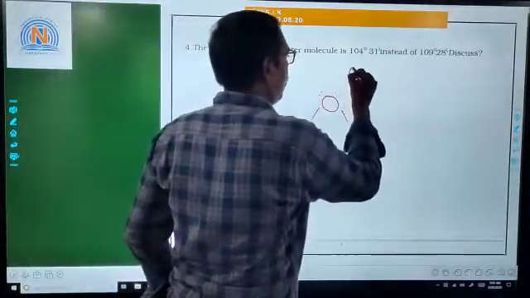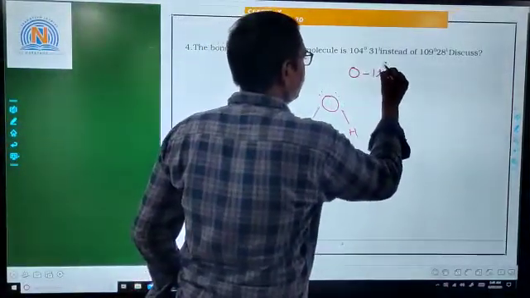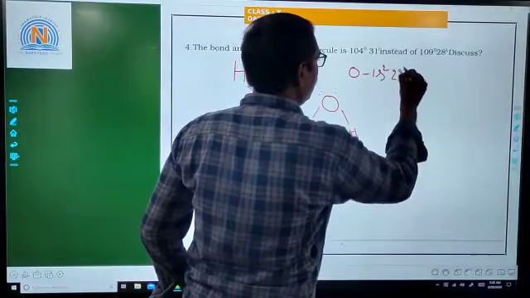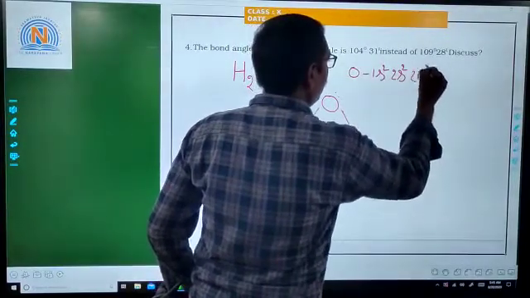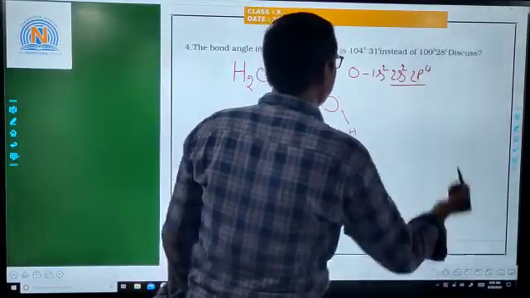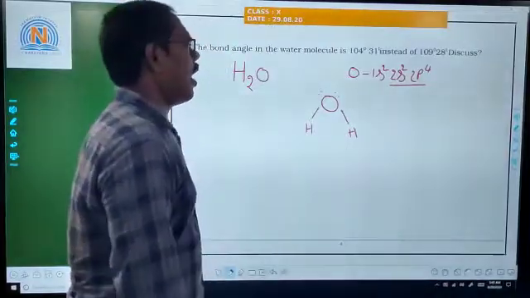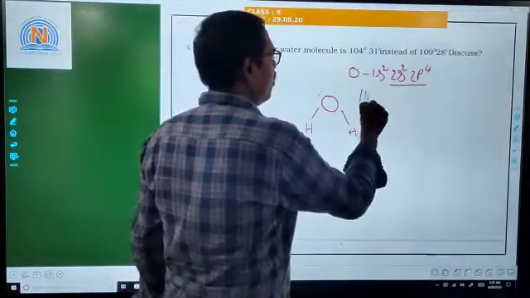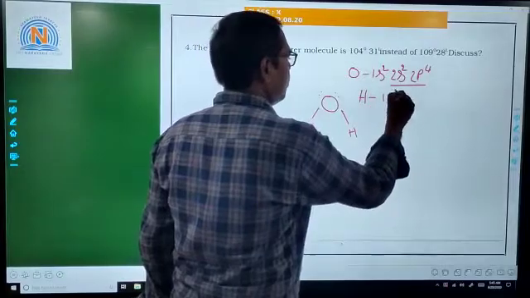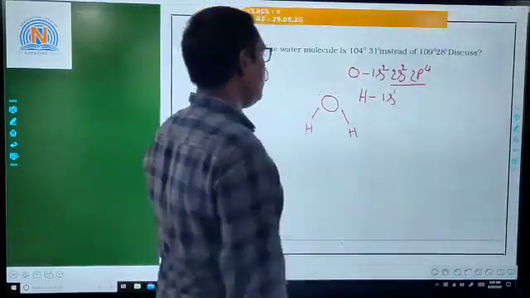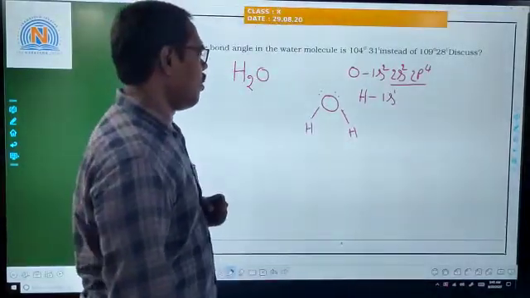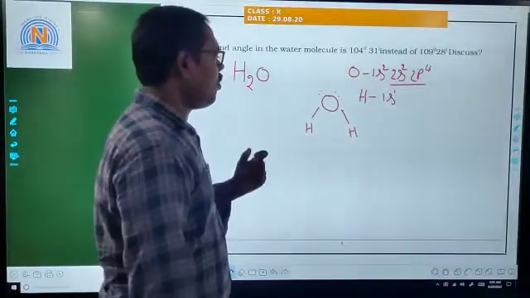Here we observe oxygen 1s2, 2s2, 2p4. Total 6 valence electrons. Hydrogen contains 1 valence electron.